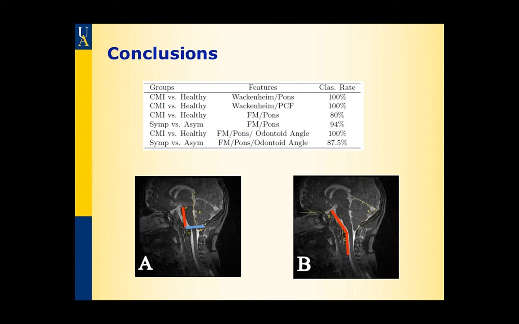This was just the foramen magnum and the Pons, right? And that did not include the herniation, actually, right? So the herniation in the symptomatic and asymptomatic group is not as good of a factor as the width of the foramen magnum in combination with the distance to the pons, right?